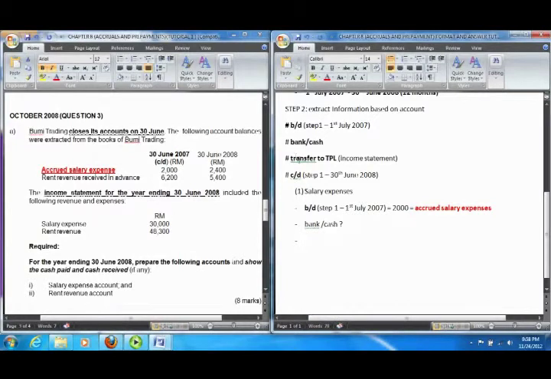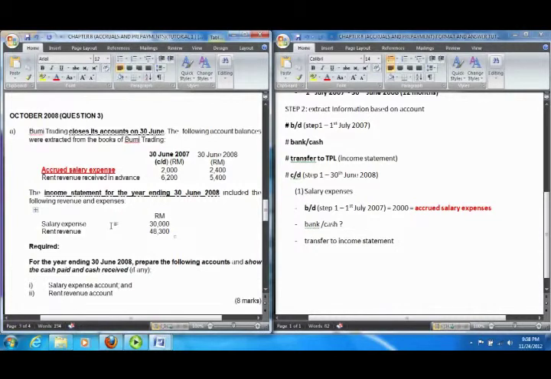Alright, next is your transfer to TPL, also known as income statement. Alright, class. Transfer to income statement. As you can see, class, the income statement for the year ending 30th June include the following revenue and expenses.